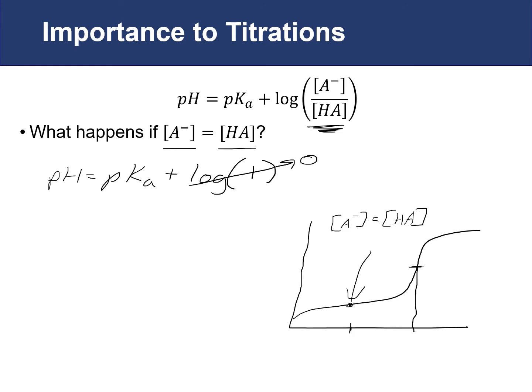At this exact location, your pH is equal to the pKa. This is how we can figure out the acid dissociation constant from a weak acid, strong base titration.